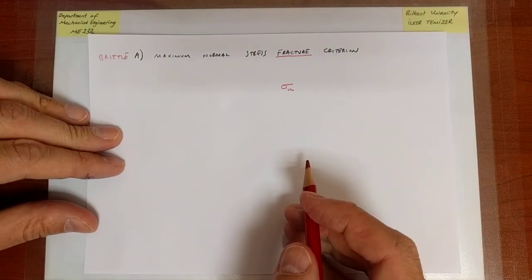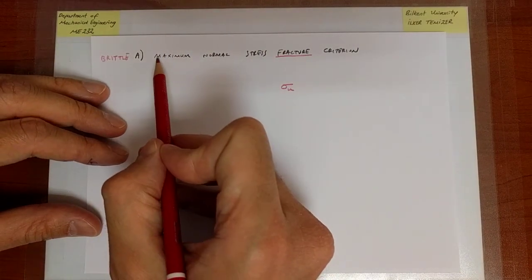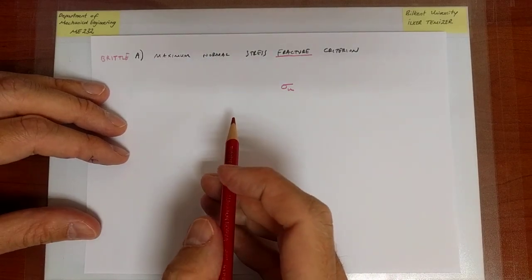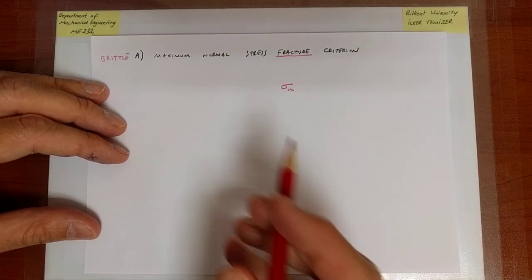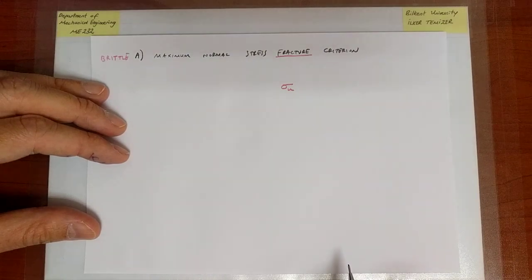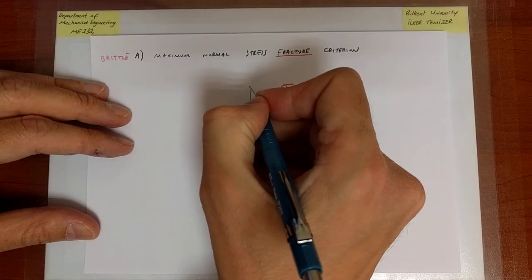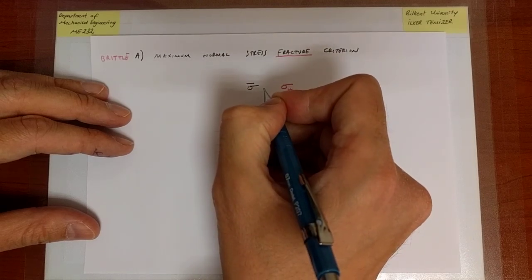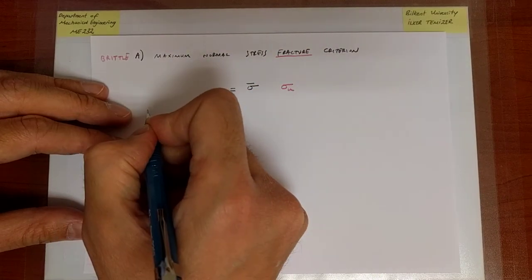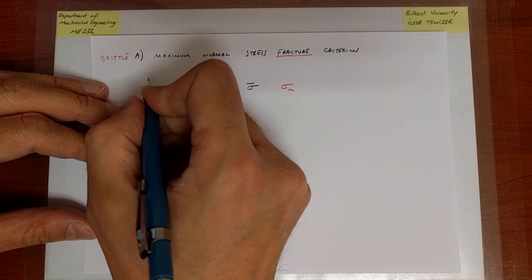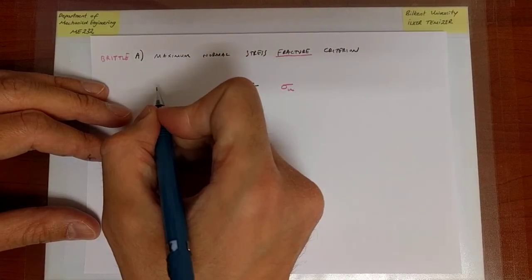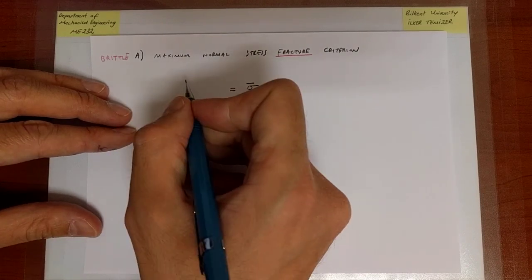Two, the criterion says that I should be monitoring the maximum normal stress at a point within a structure. So the way the effective normal stress is going to be calculated is through a function which delivers the maximum normal stress among all stresses. Which stresses?